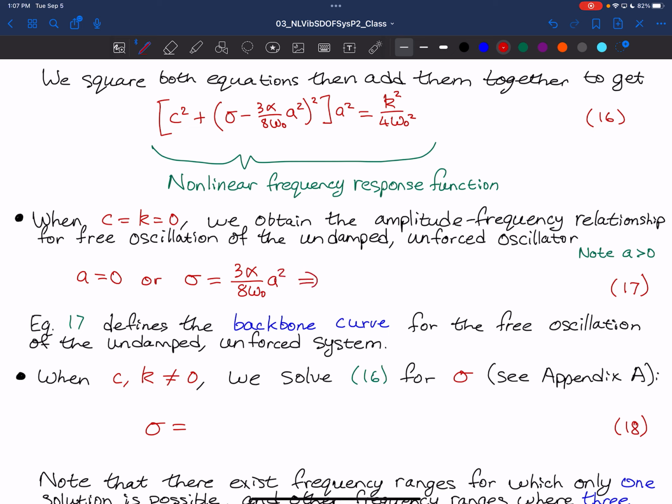And then we can solve for the amplitude as a function of the frequency, and we get A is equal to the square root of 8σω0 divided by 3α. And then note that A is positive, so we don't need to consider the negative of the square root.